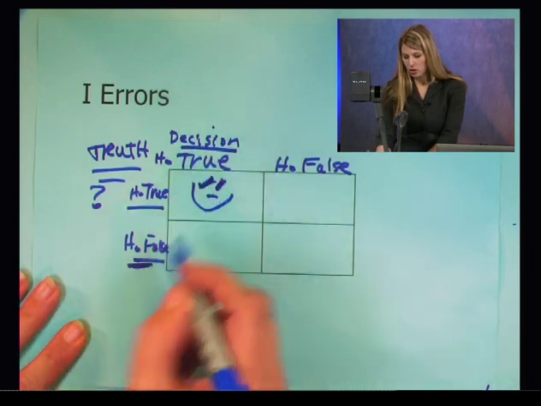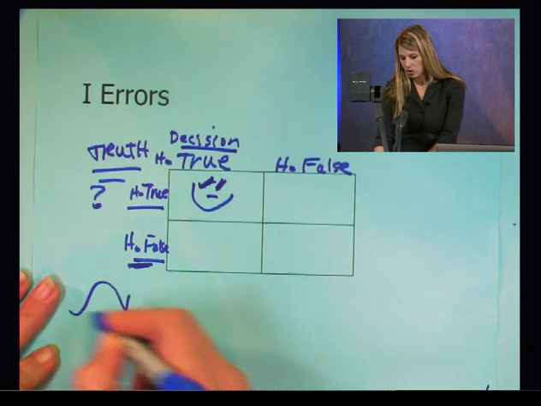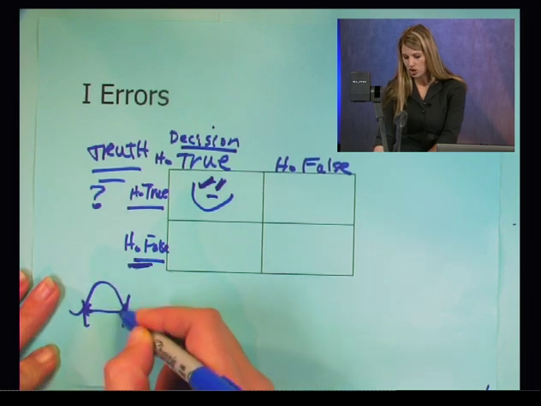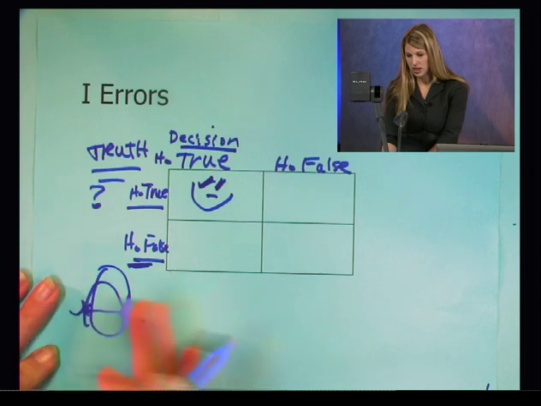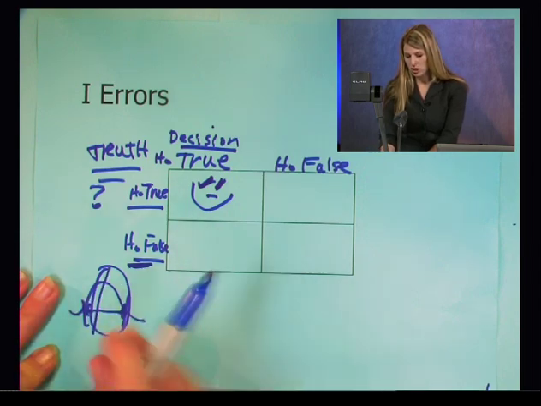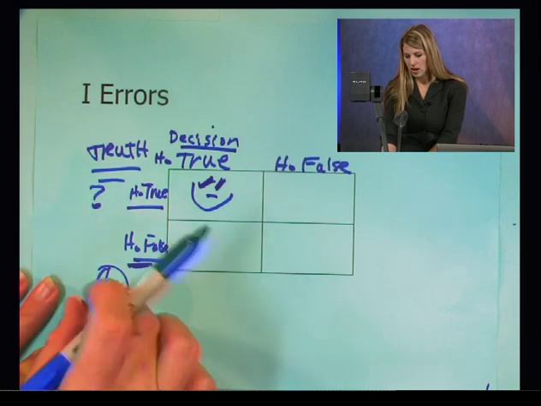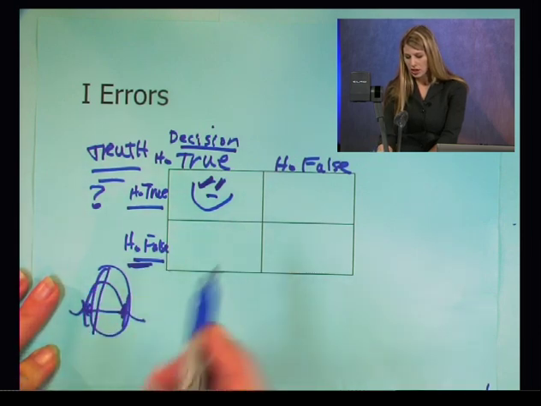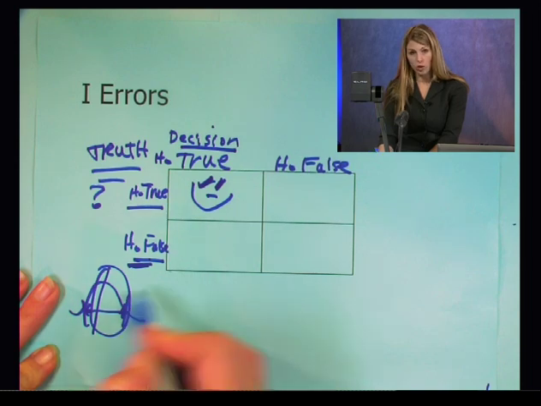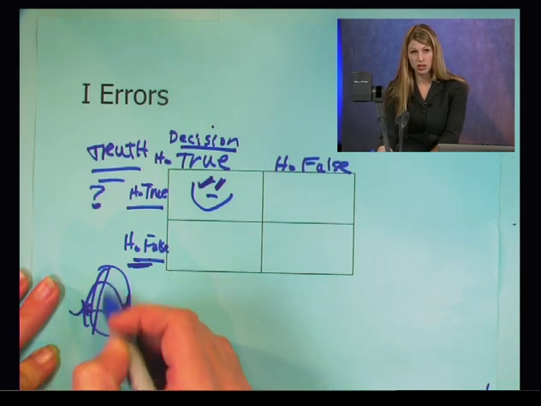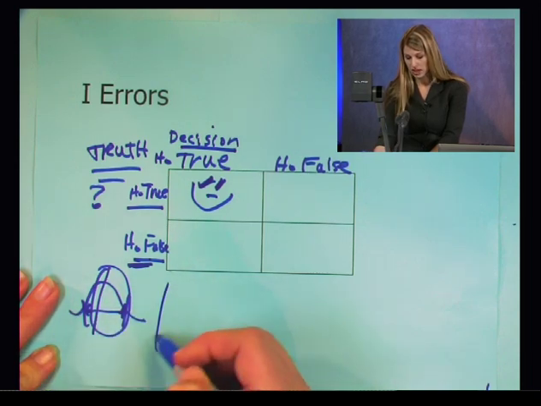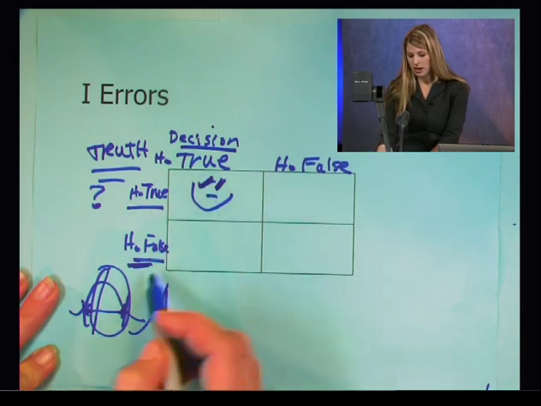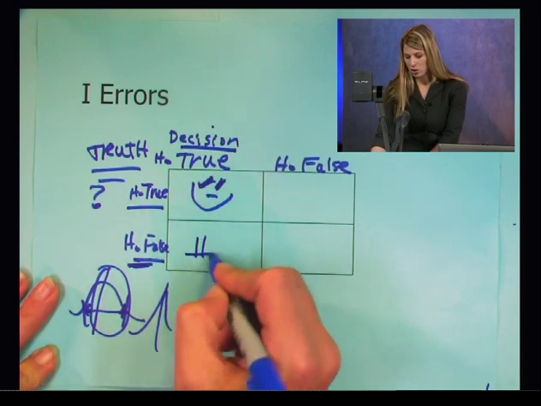By deciding the null's true, that means you're within this retain region where you decide that your sample stat is no different than this comparison distribution. So you keep within this null, you decide it's true, and indeed the null is false. The group you're comparing doesn't have a mean that's equal to your comparison distribution. The mean's out here somewhere. So that's an error. This is a type 2 error.